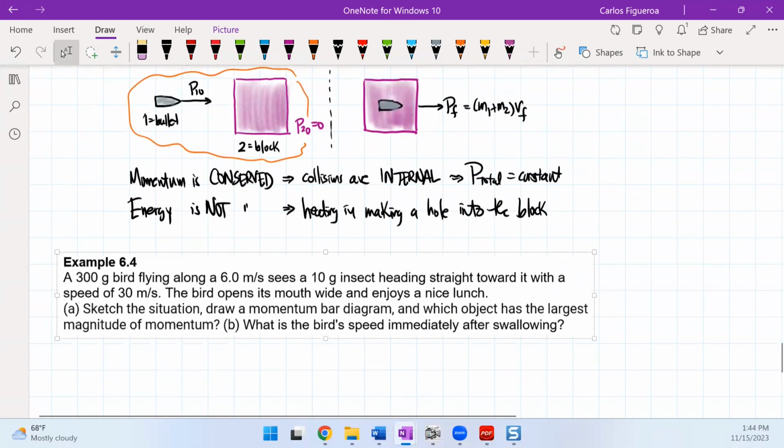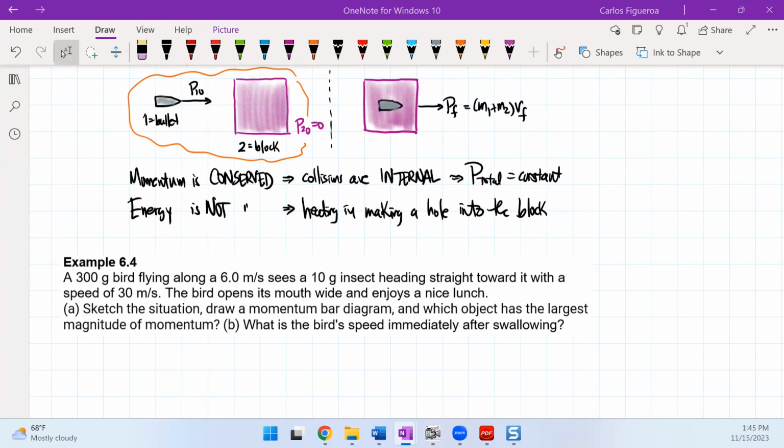So here we go. The question that we want to look at here says that we have a 300-gram bird flying along at 6 meters a second, and it sees a 10-gram insect heading straight toward it with the speed of 30 meters a second. The bird opens its mouth wide and enjoys a nice lunch.